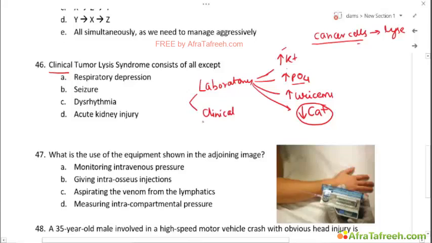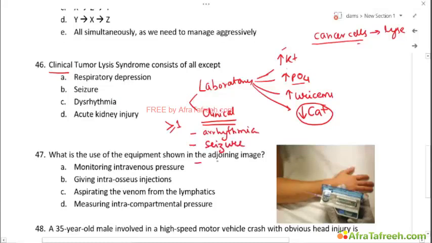Okay, for clinical tumor lysis syndrome, any one of the clinical features must be present, which includes either an arrhythmia, a seizure, a kidney injury.